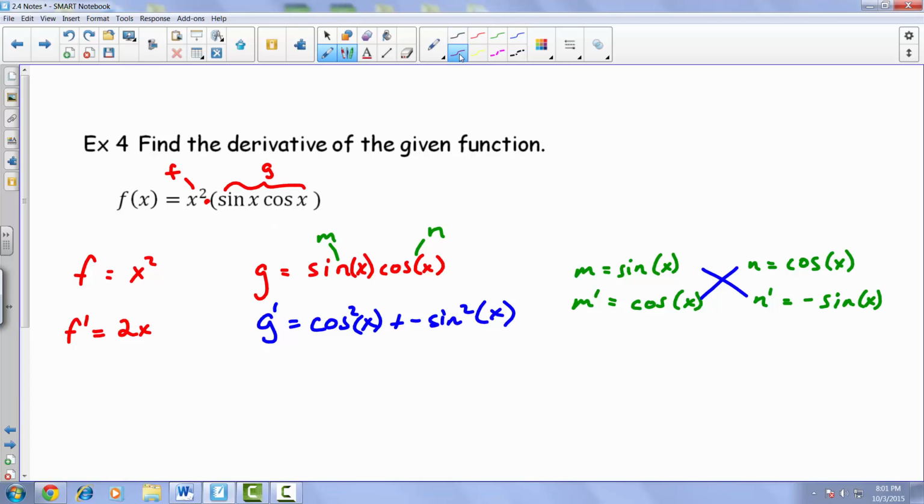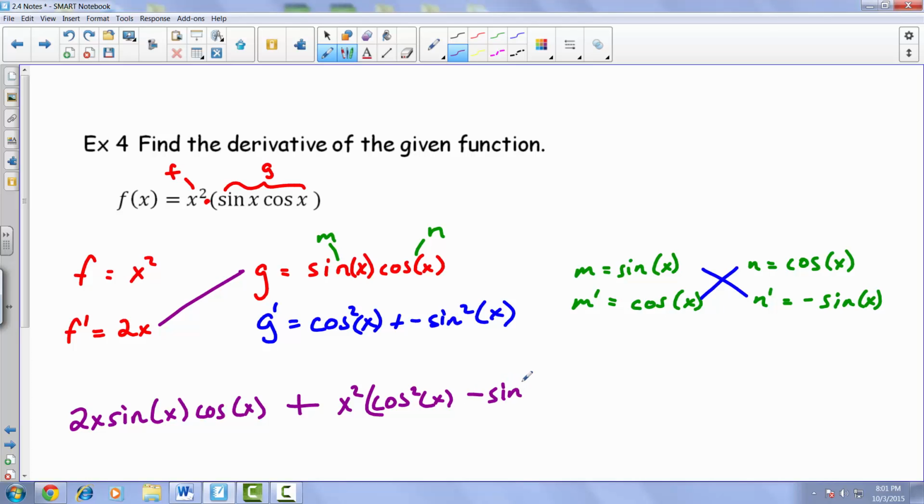Now we can go ahead and do our cross. So we have f prime g, so that's 2x sine x cosine x, plus our f g prime, or x squared times cosine squared of x minus sine squared of x.